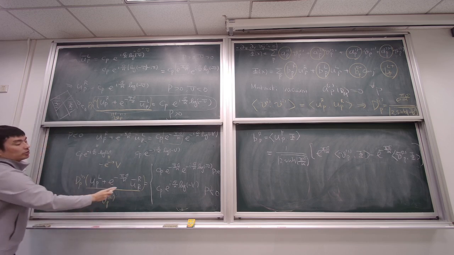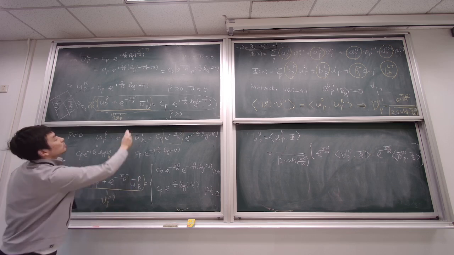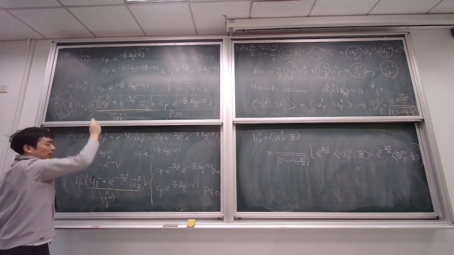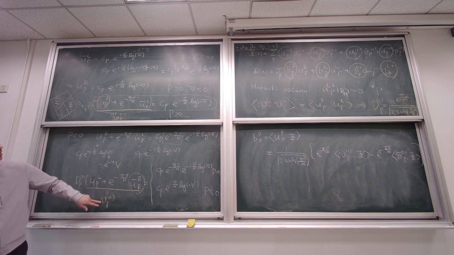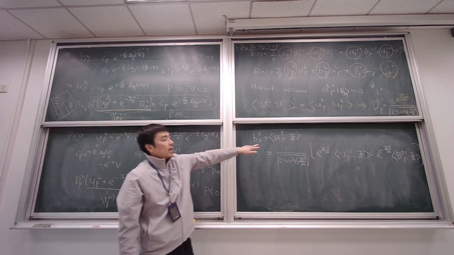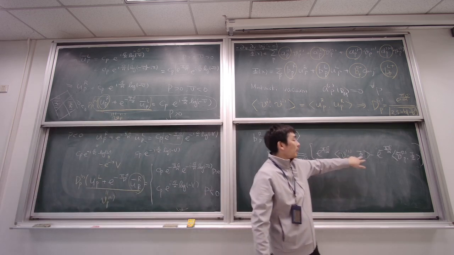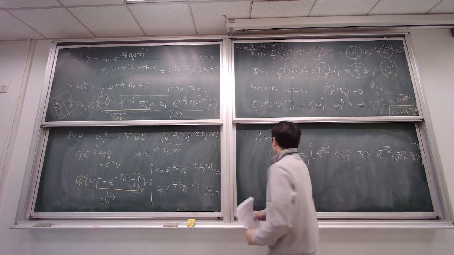So therefore, with this one, if you do the inverse transformation between B and U, you can write down U in terms of B, like this. And take the inner product.